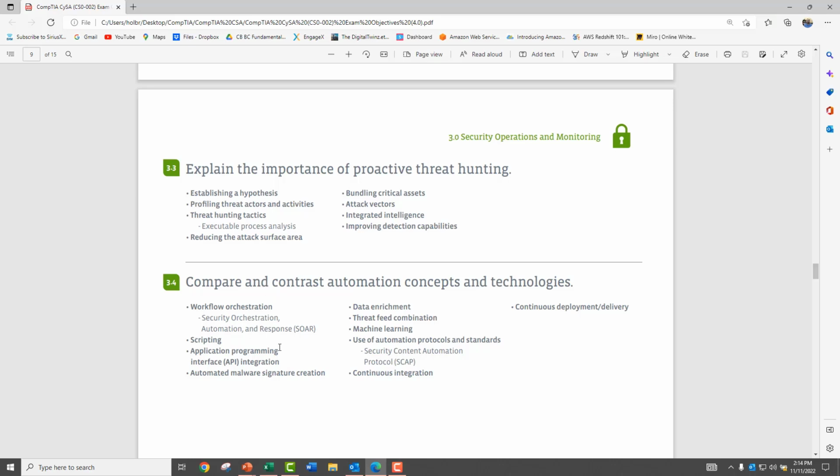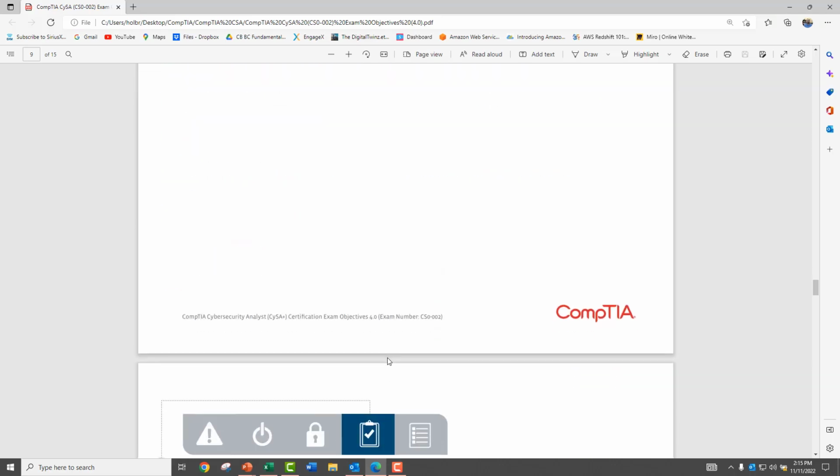You'll likely also need to know SOAR as well. These are acronyms you'll want to know ahead of time, because on the exam they don't typically spell out what the acronym is. So when you see SOAR or SCAP, you'll want to be able to identify what they really mean.